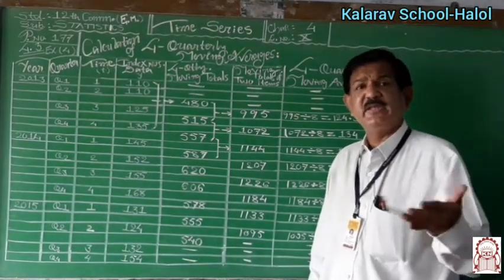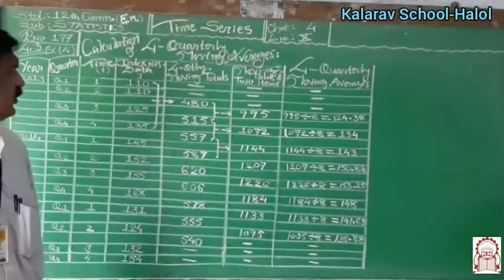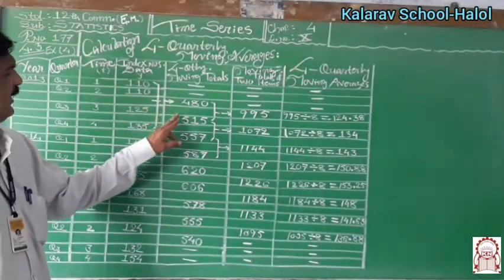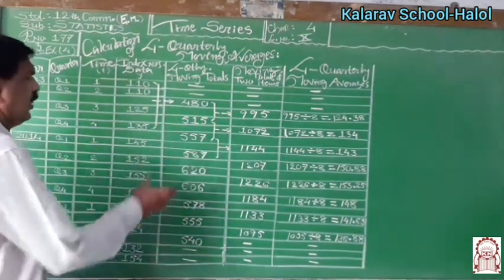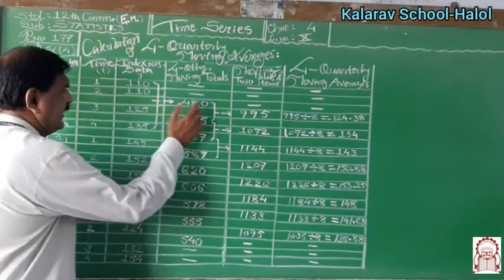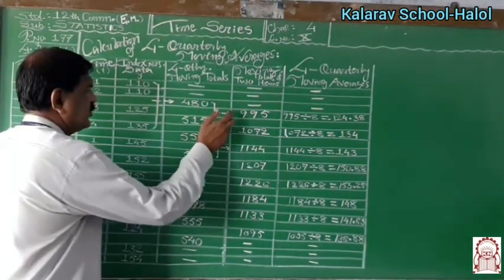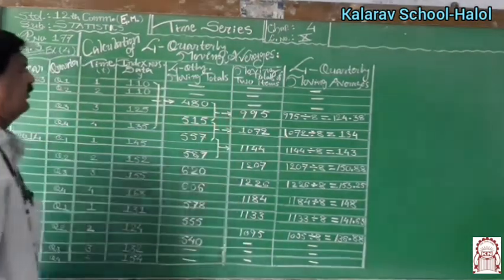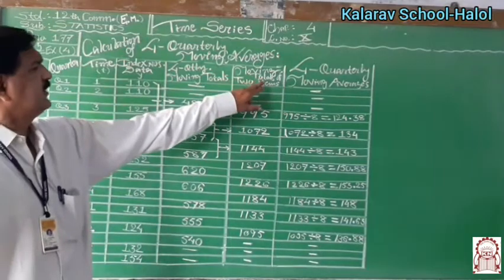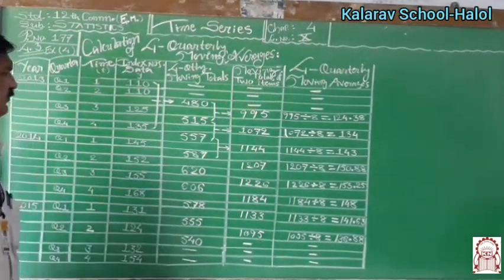Then make the total of 2 items. The total of 480 plus 515 becomes 995, and the total should be written between these 2. This is known as moving totals of 2 values.